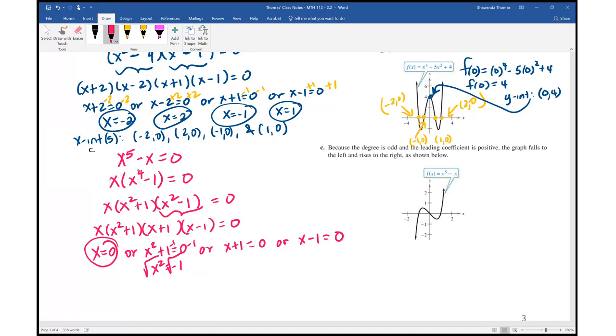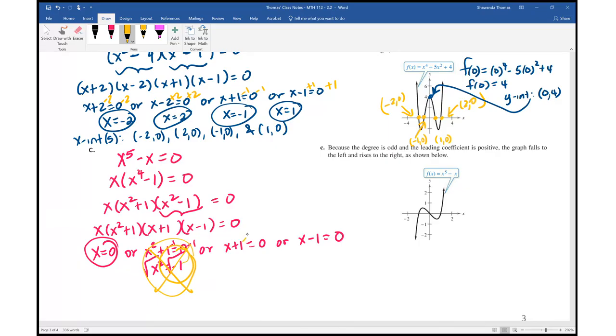The issue is this negative under the square root. So for this particular factor, we did not get any zeros. That is not a real zero, and we haven't made it to the imaginary numbers section yet. So there are no real zeros in this part right here.